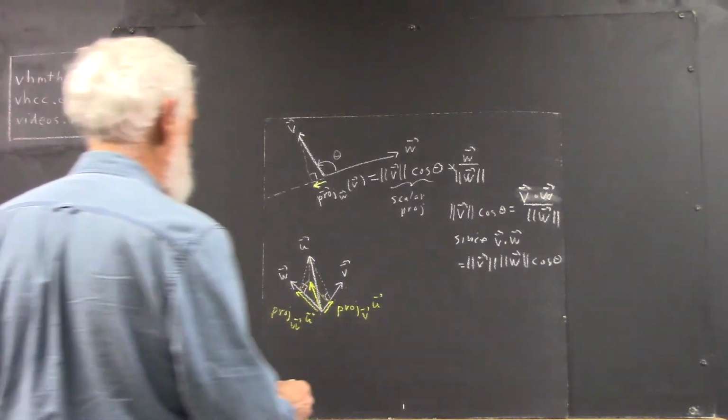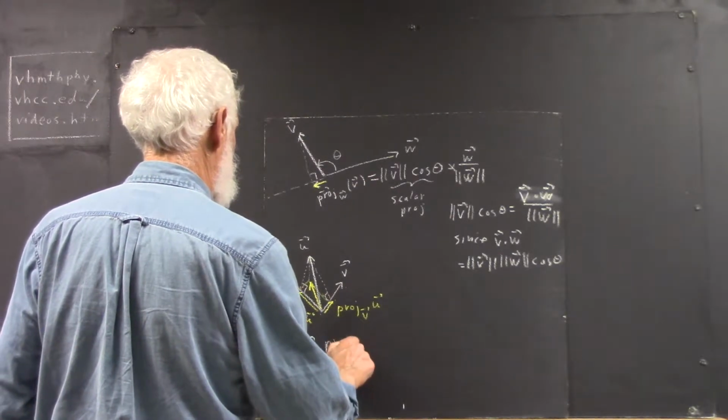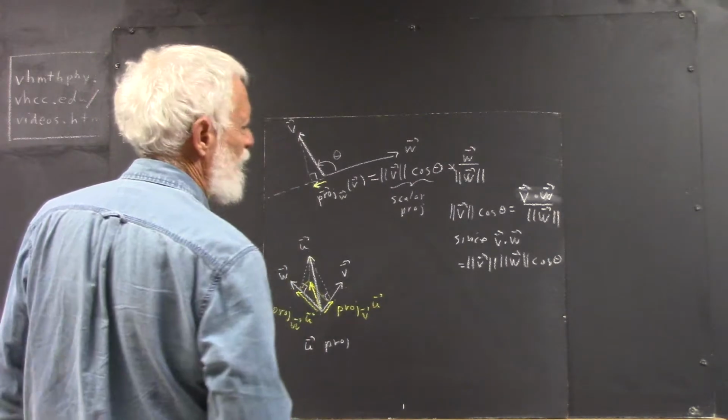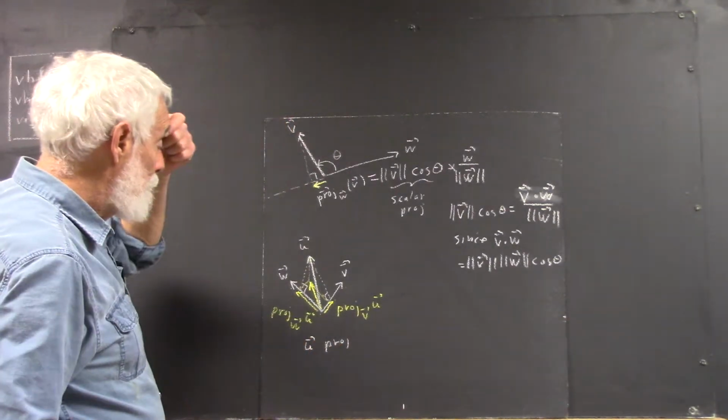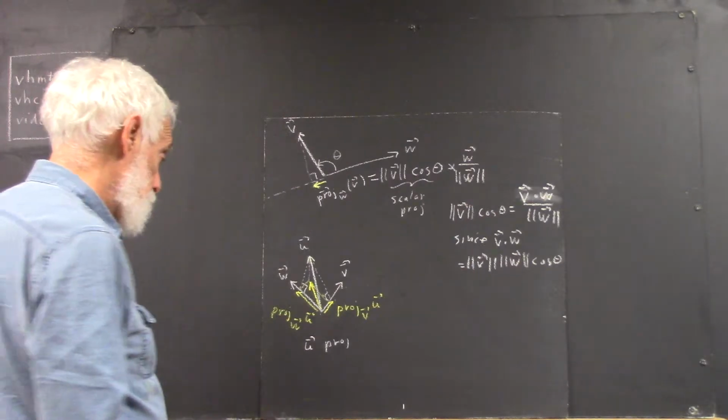So I'm going to say that U is orthogonal to any vector in the plane, okay?